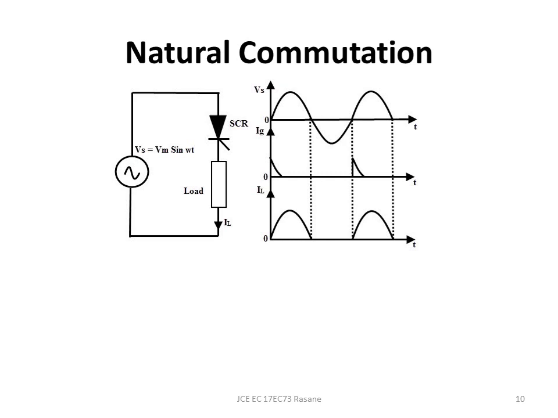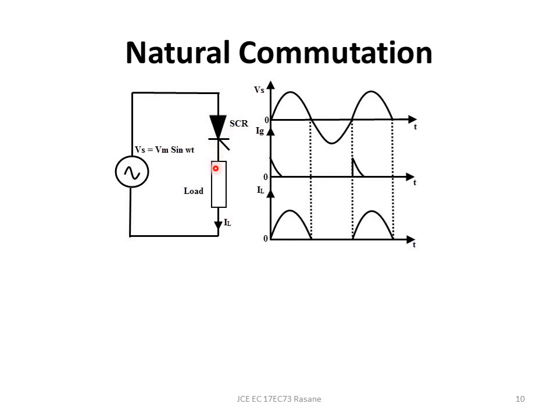So if you see the natural commutation here, I am connecting an AC supply to this SCR. During the forward bias, let's say I give a gate pulse at instant t equal to 0. So obviously it is forward biased and the gate is also present. The SCR will start to conduct current.